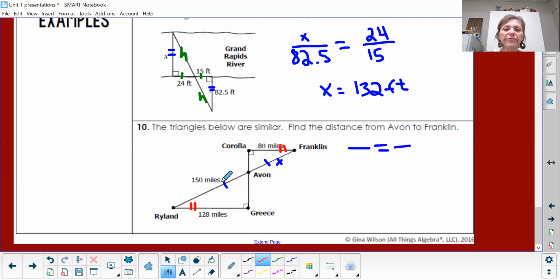I'm going to say 150 to x, okay? So 150 to x, 128 to 80. Okay, and cross multiply and divide. And your answer comes out to be 93.75.